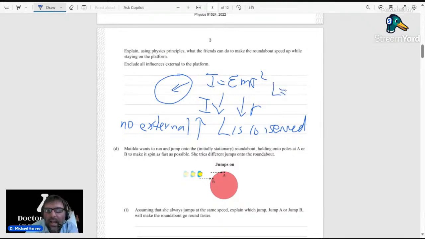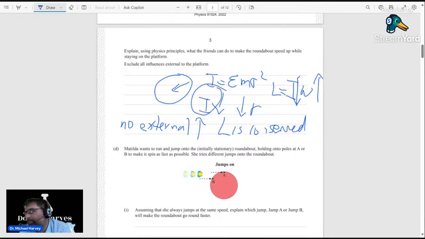Since L equals I omega, and I is decreased, as we've seen here, therefore omega must increase. You can write that out in words, but it's just as effective to use equations to do exactly the same job, to explain to the examiner that you understand the physics.